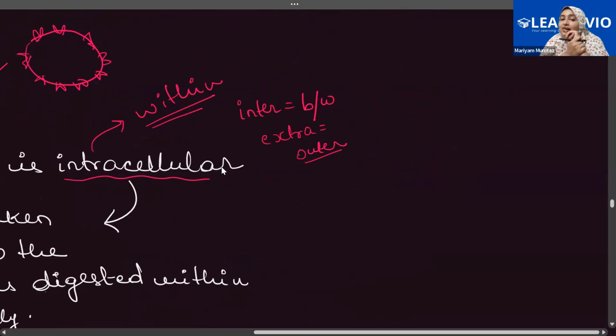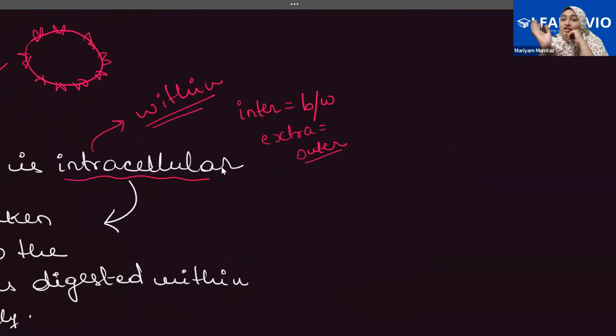Have you people had an inter-school debate competition or something like that? How many of you have participated in it? All of you have? Okay. So inter means that whenever inter-school competitions are there, there are other schools also, other than your school. So it means in between two schools.